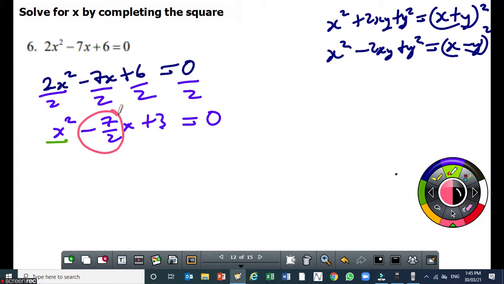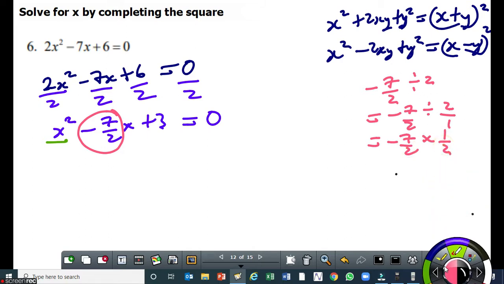This gives minus 7 over 2 divided by 2 over 1, which is the same as minus 7 over 2 times 1 over 2. This is equal to minus 7 over 4. So I found half of the coefficient of x by dividing minus 7 over 2 by 2.